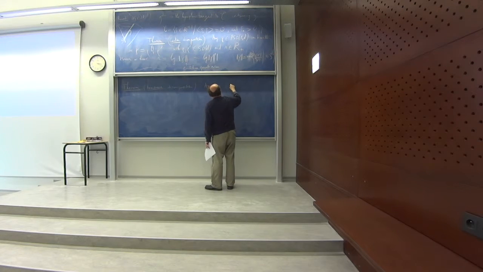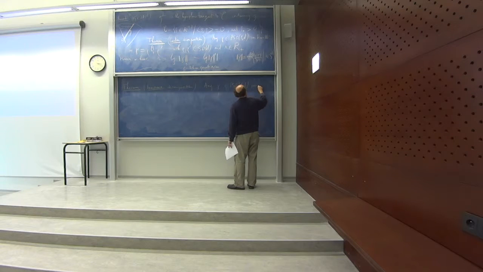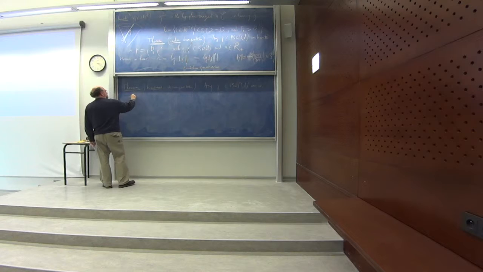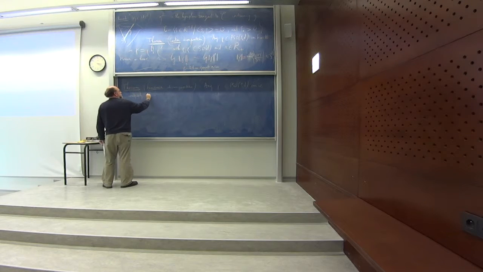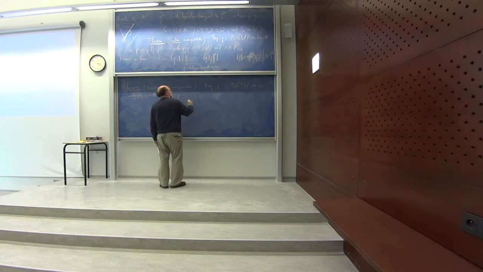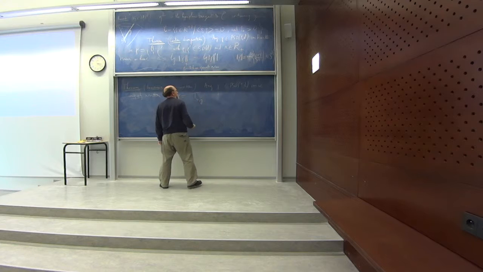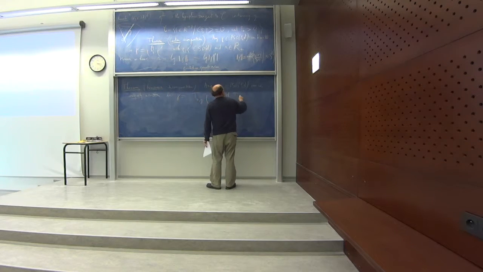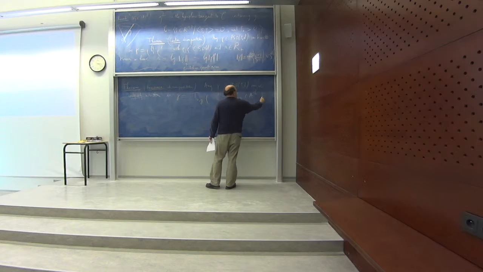Any element in the Lorentz group can be uniquely, this time, written as gamma is T_xy rho with T_xy in the half-plane subgroup and rho in SOD.